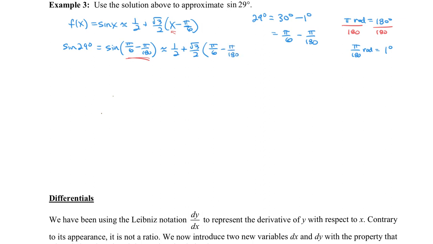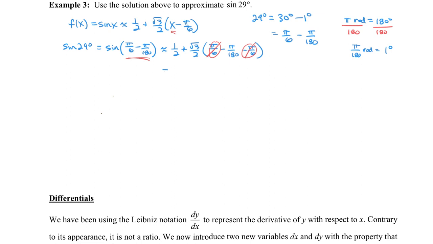But then I have minus pi over 6, right? So here's the x value. Now I go minus pi over 6, and you can see right away that pi over 6 minus pi over 6 will cancel.